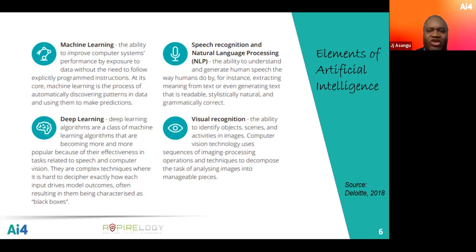Also, visual recognition is a very important aspect of AI, and also the concept of deep learning. What I would like to say here is that when we say AI, we may be referring to one or more of these concepts.